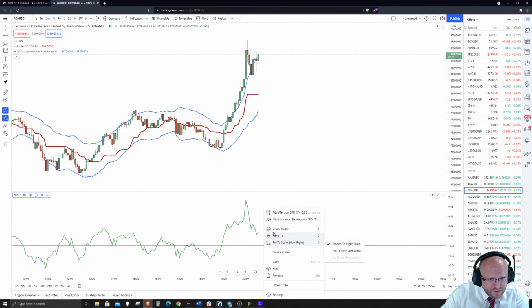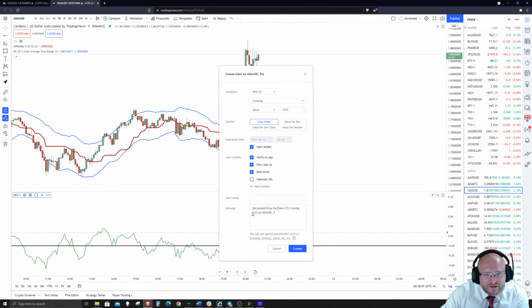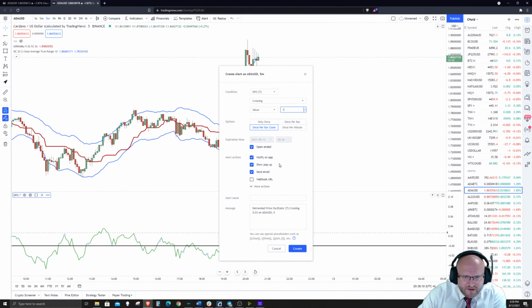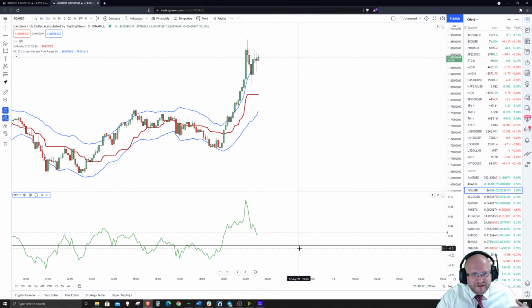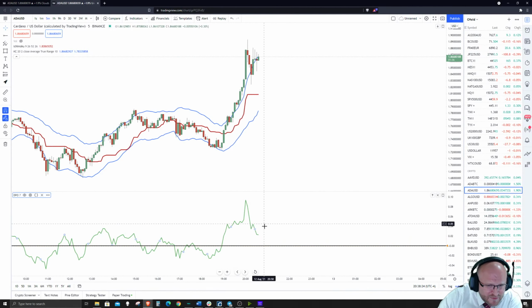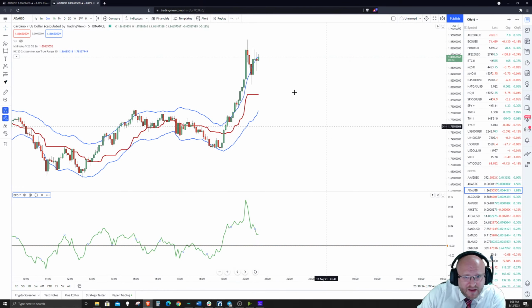At least in TradingView, you can right click on it, add alert, and I want it to alert me when it crosses below zero. You could keep this open in perpetuity if you wanted to by saying once per bar close, then you're going to get an alert every time the detrended oscillator crosses above or below. It's going to get annoying. It's a 5-minute chart. But for right now, I just want to know when it crosses below.